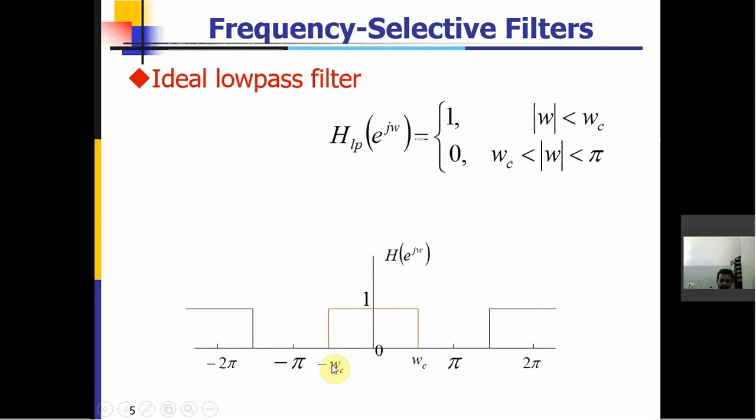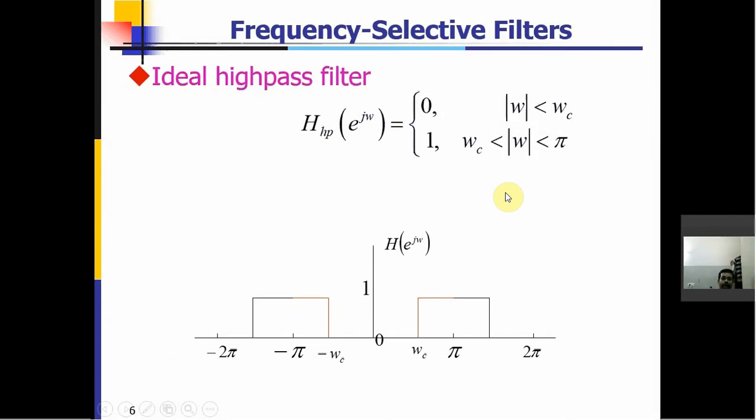So from minus omega c to omega c, it has an amplitude of 1, and outside that range it does not have the value of 1. This is the frequency response of the ideal low pass filter. Next one, high pass filter.